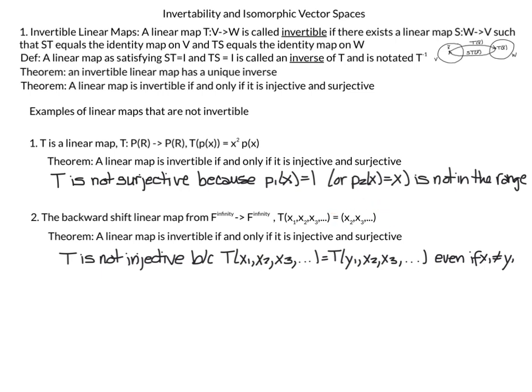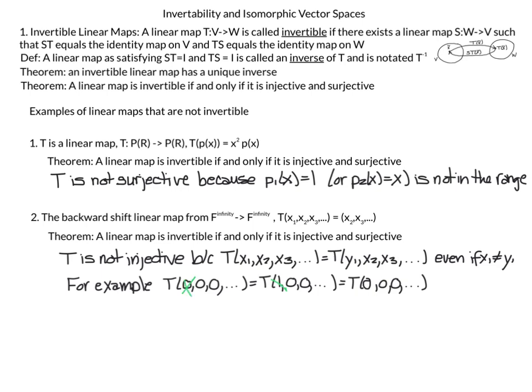They're both going to map to x2, x3 up to infinity, even though x1 does not equal y1. So for example, T of (0, 0, 0, ...) is equal to T of (1, 0, 0, ...) because what the backward shift will do is get rid of the first element, and so we're left with 0, 0, 0 on to infinity.